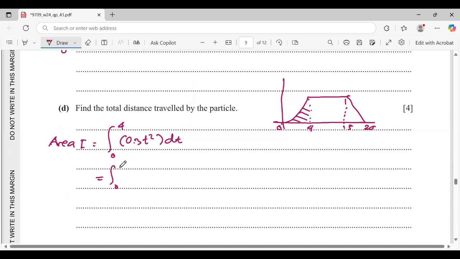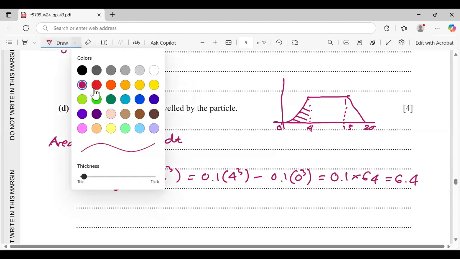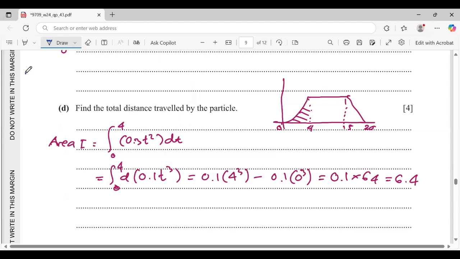The integral is 0.3 divided by 3, so 0.1t cubed. Substitute 4 and 0: 0.1 times 4 cubed minus 0.1 times 0 cubed. It is 0.1 times 64, 6.4.